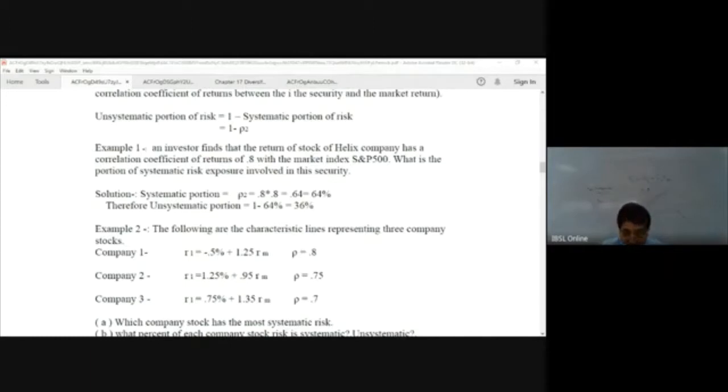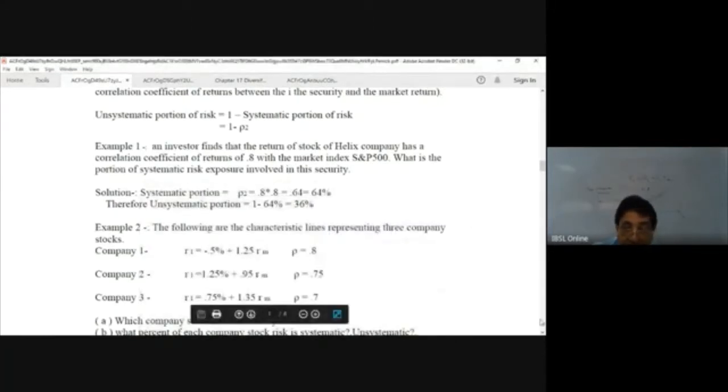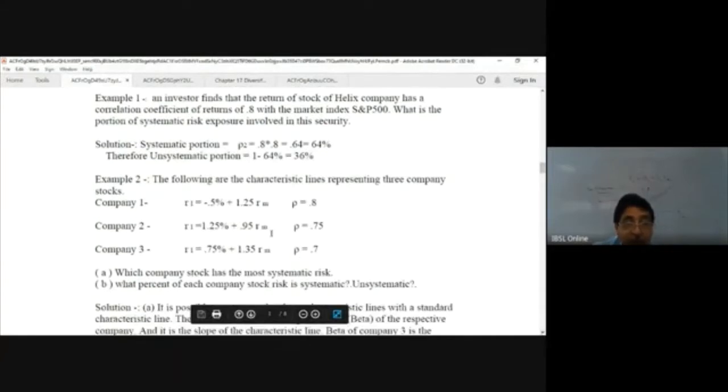And if I go again to the example, there you can get the following are the characteristic lines representing 3 company stocks. Now each company stock representing 1 characteristic line. Now for company 1, you have R1 is equal to minus 0.5 plus 1.25 Rm.